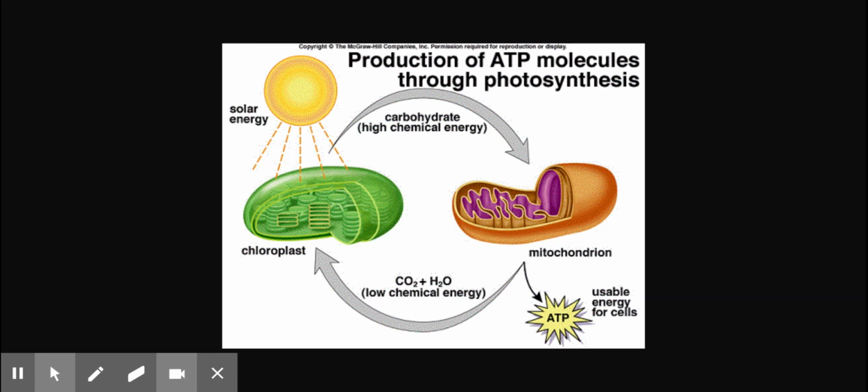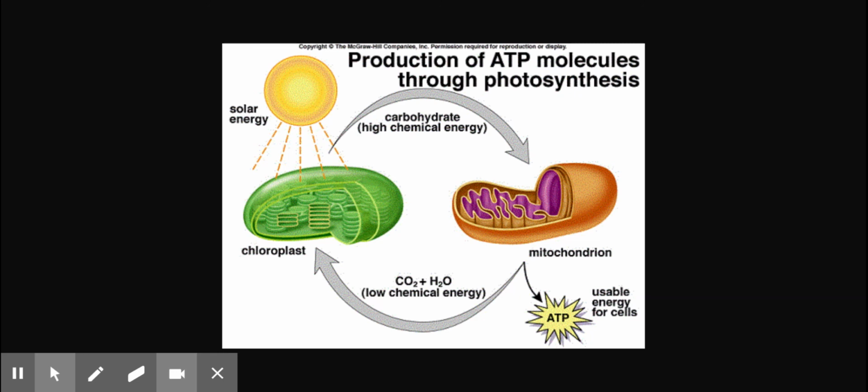What ATP is doing across the board as a means of energy movement is it's changing the shape of the mechanisms involved. And so in this case, when ATP touches the protein channel and that phosphate group is ripped off, the protein channel changes shape.